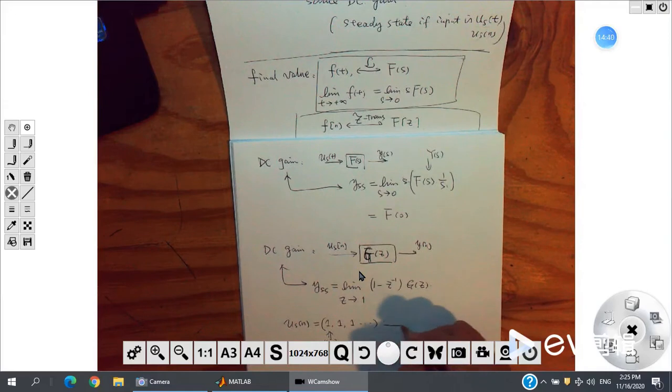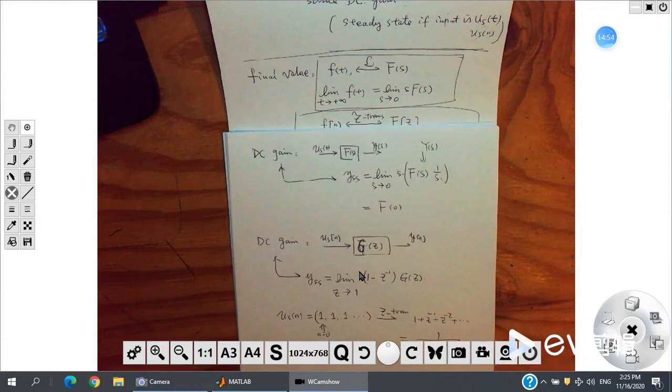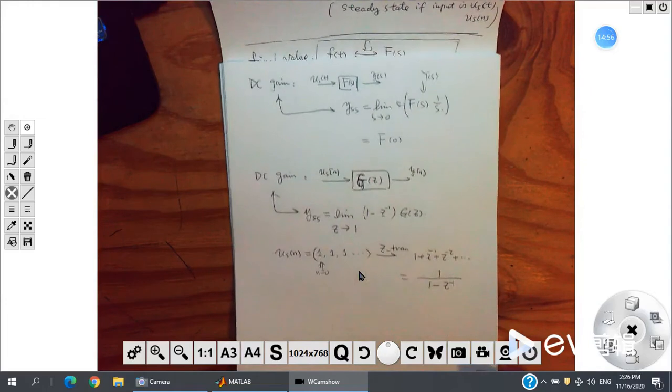By z transform, you will have 1 plus z inverse, z negative 2, and so on. So this is just 1 minus z to negative 1 in the denominator, and the numerator is 1.